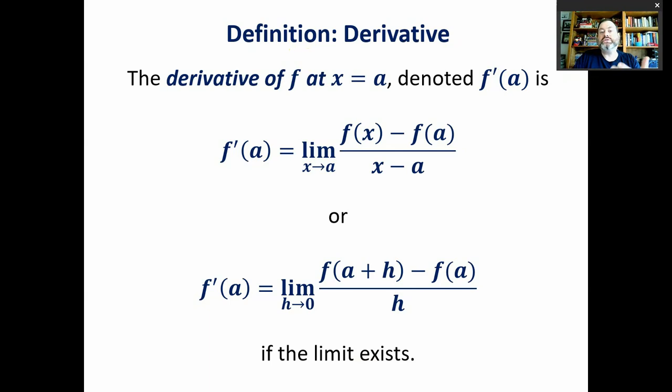And so if we take the derivative of a function at some value a, so some point on the function, the derivative at a is just the slope of the tangent line or the instantaneous velocity. Either formula is fine. So these are equivalent. If the limit doesn't exist, then we just say the derivative does not exist. All right? So let's see how to use this.